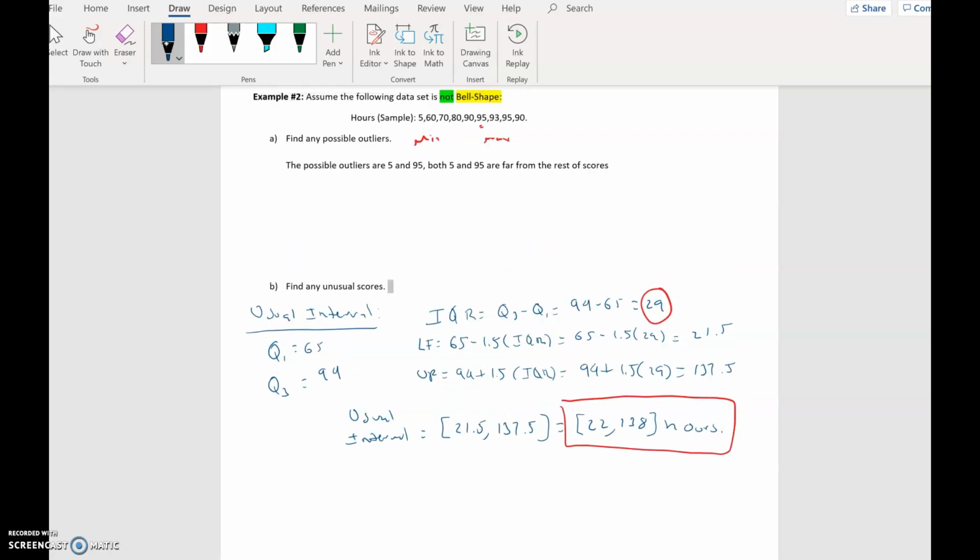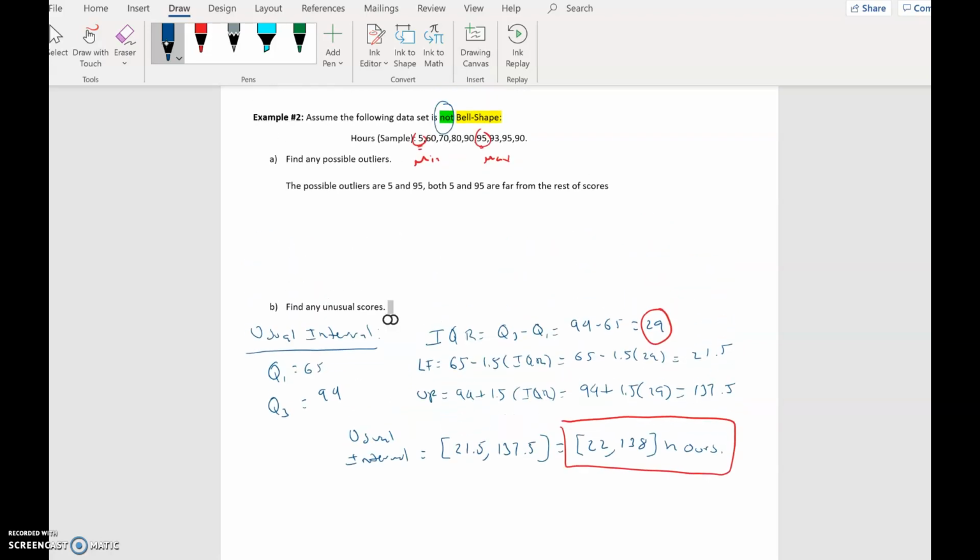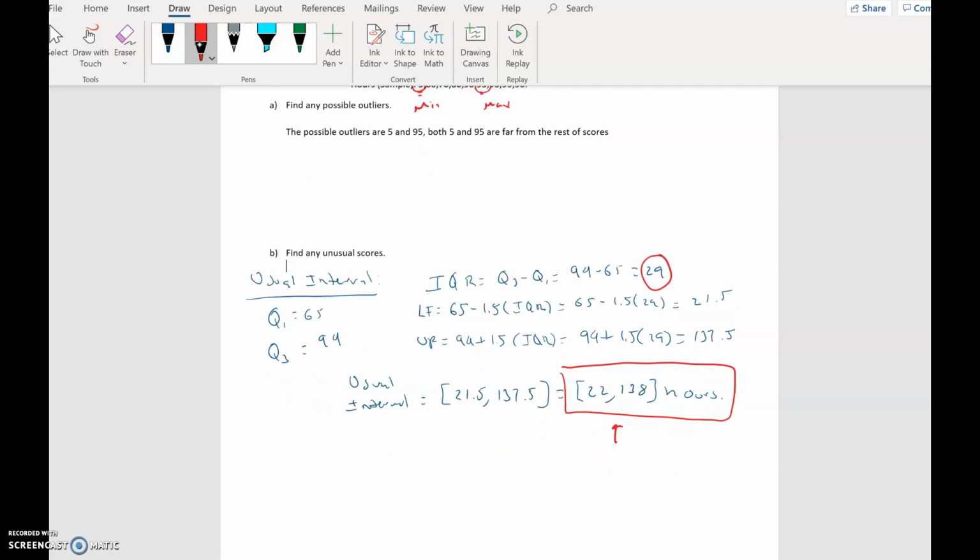And those are the ones that we're supposed to be seeing. At this point, you go back and look at the possible outliers and you see if any value is actually not in this interval, and the only one that I see is the 5. So you would write it out in this format.